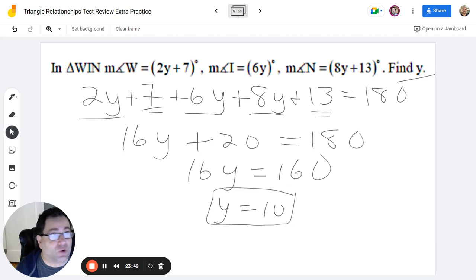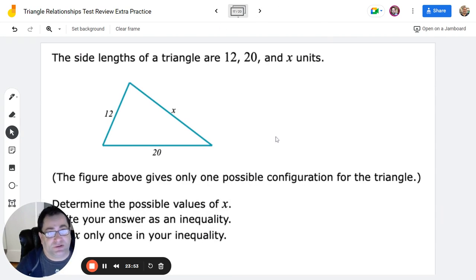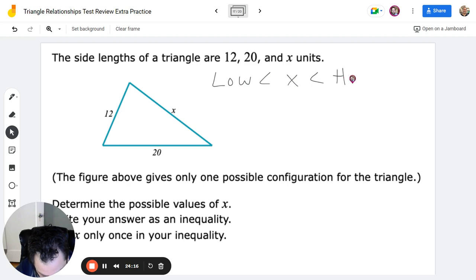So question number 17. The side lengths of a triangle are 12 and 20. Write an inequality to demonstrate the side lengths of the third side. So this is like one we did before. We have a low end and a high end.